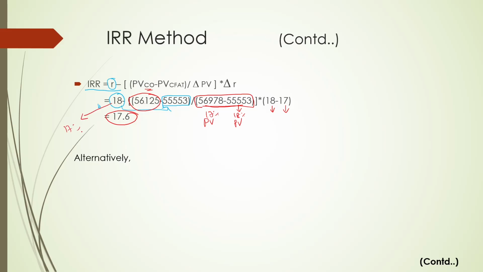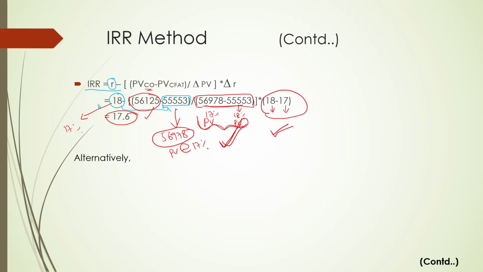Same, if you use 17% instead of 18%, then here this will be the same, but this is going to be changed as 56,978, that is the present value at 17%. The denominator is the same, and delta R is also the same.